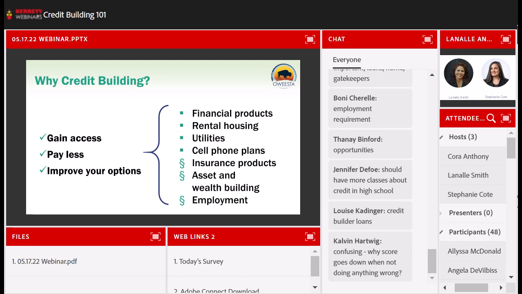A good credit history can make the difference in accessing the affordable lending products necessary to go to college, to buy a home, to start and grow a small business. Good credit is really going to impact even our options for employment. So we want to build credit to allow us to save, improve our financial stability, and ultimately lead to increased financial security.